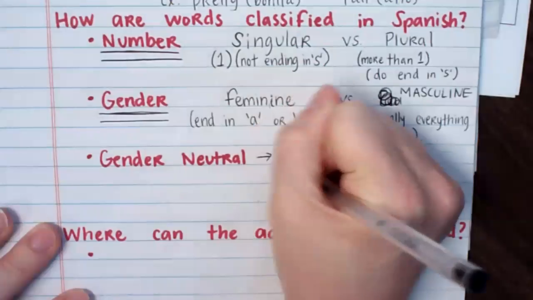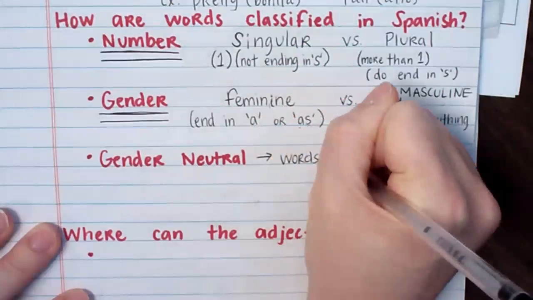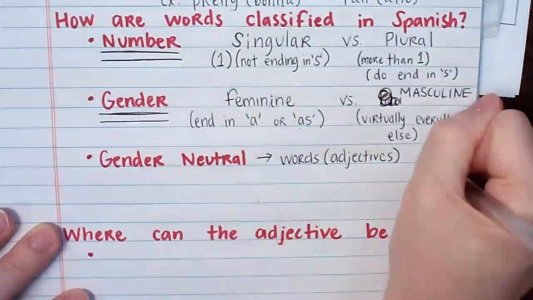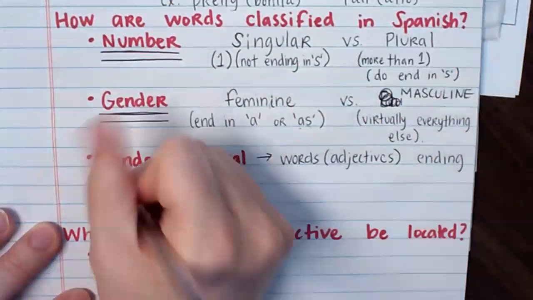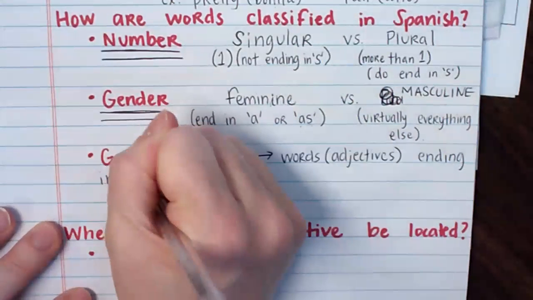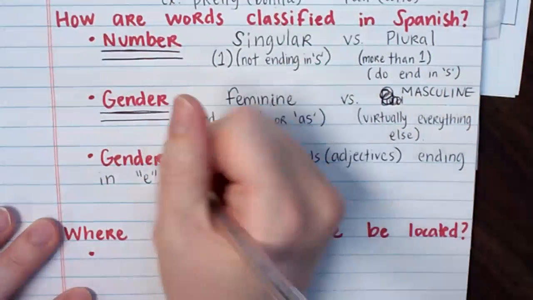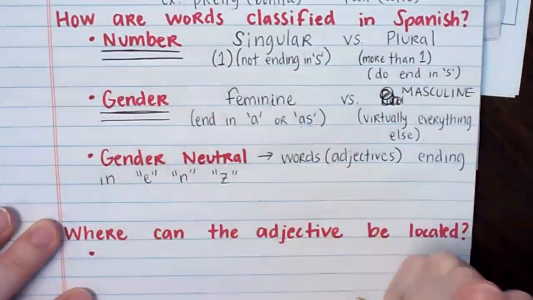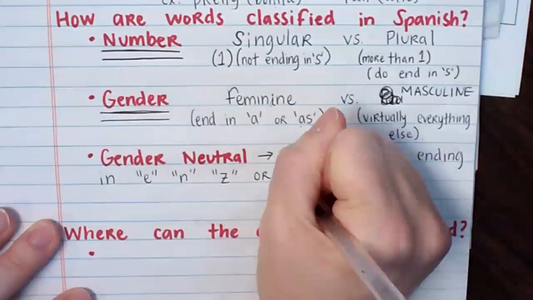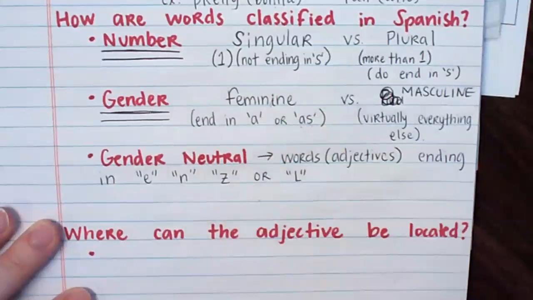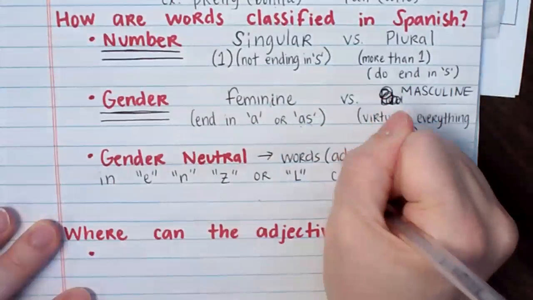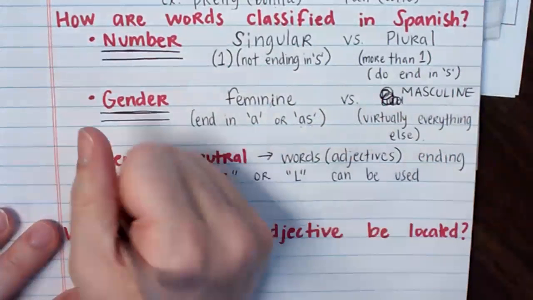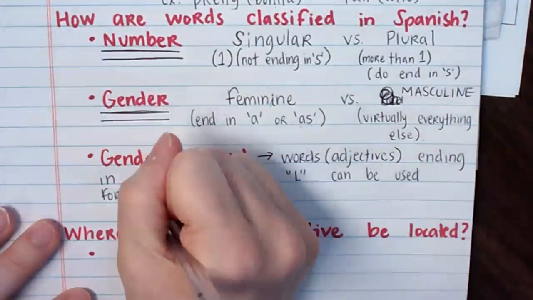So words, specifically adjectives, descriptive words, ending in E, in Z, or L can be used without changing for masculine and feminine.